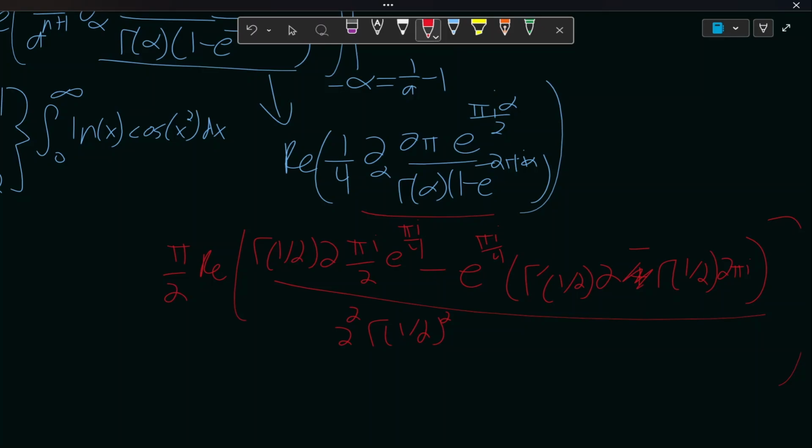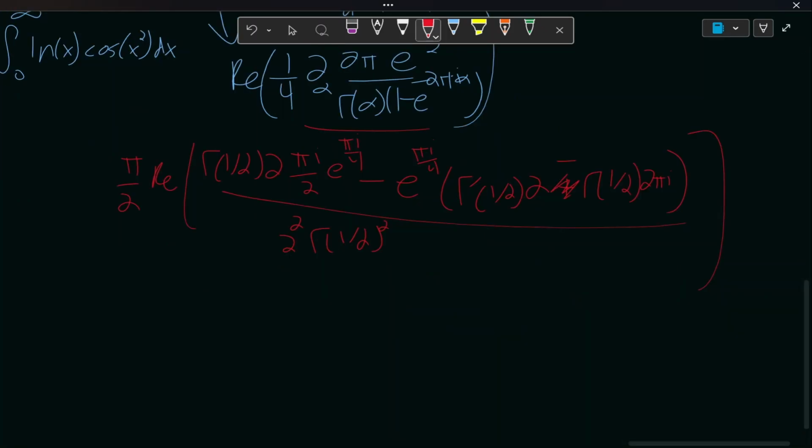So what this ends up being, the denominator is real, so we can just move that outside the real part. So we have a pi. Actually, the pi's do cancel, kind of ironically. So we actually have a 1/8 times, and then we're just going to take the real part of everything. So pi I times the square root of pi.